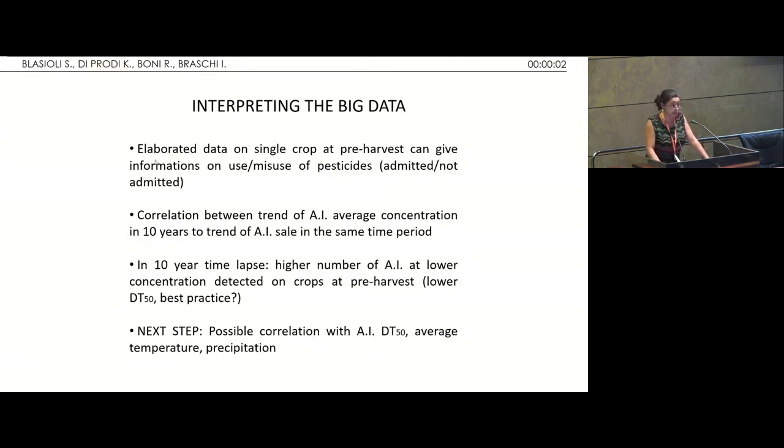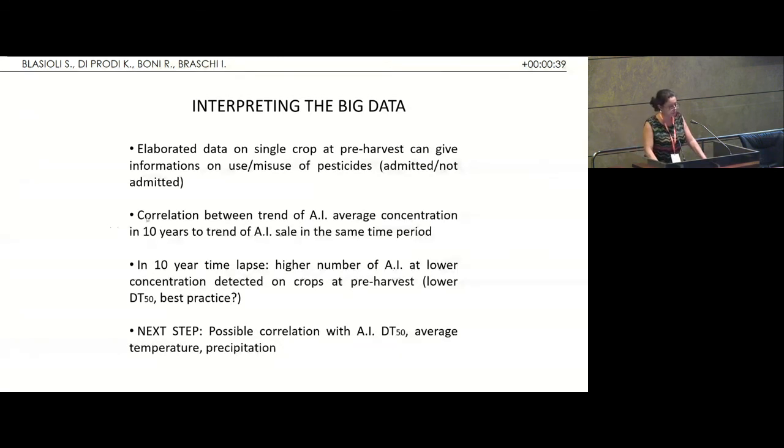The elaborated data for sure has value. The elaborated data on single crops at pre-harvest can give information on use and misuse of pesticides, for example, admitted and not admitted, because sometimes you treat a plant and you are sure that the legume you are going to eat a few days later does not contain the molecule because it remains on the pods.